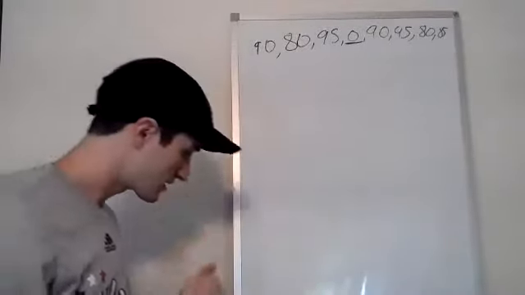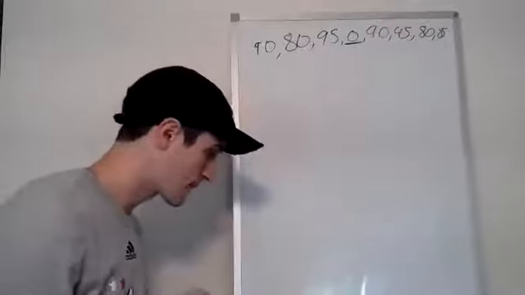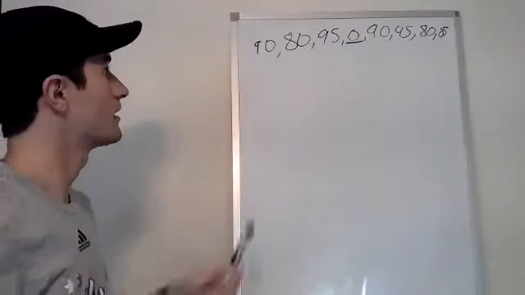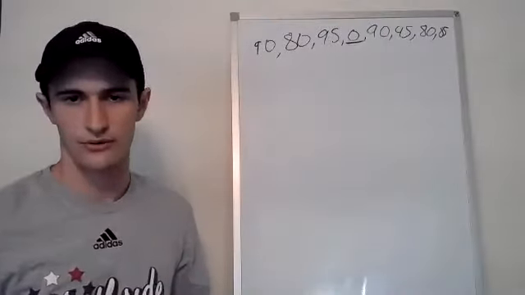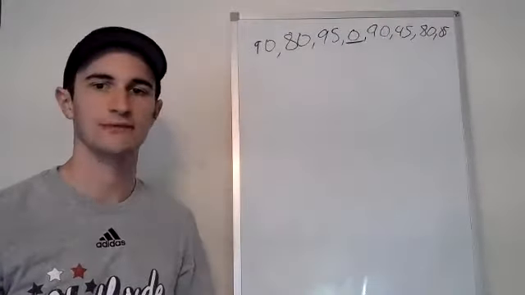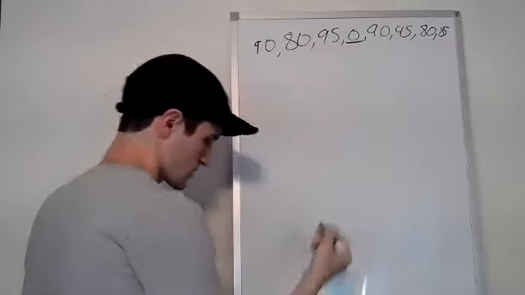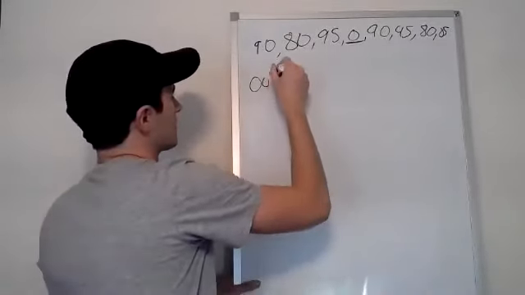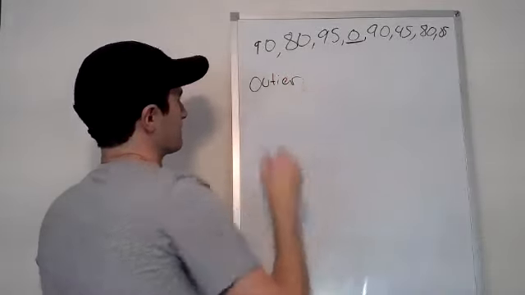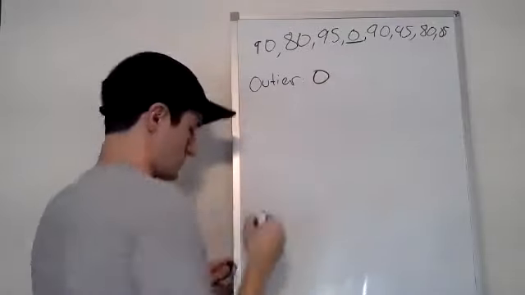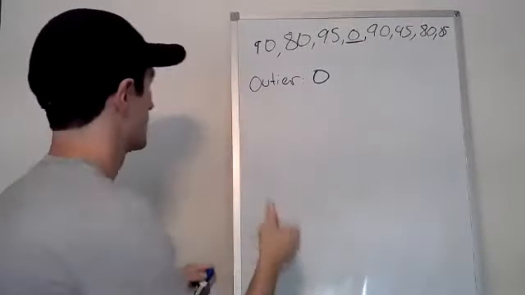This kid, Justin is his name, makes pretty good grades on everything, but just got a 0 on one. It's not normal for him, so that would be our outlier. All right, that was part A.